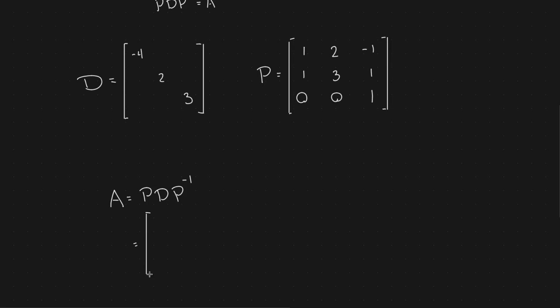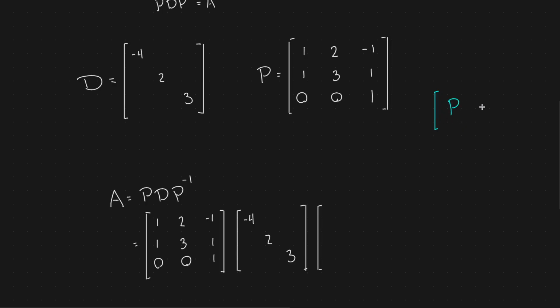Matrix P is 1, 1, 0, 2, 3, 0, -1, 1, 1. Matrix D is the diagonal matrix with entries -4, 2, 3. And now I need P inverse. Now, P inverse, I will have to find the usual way.